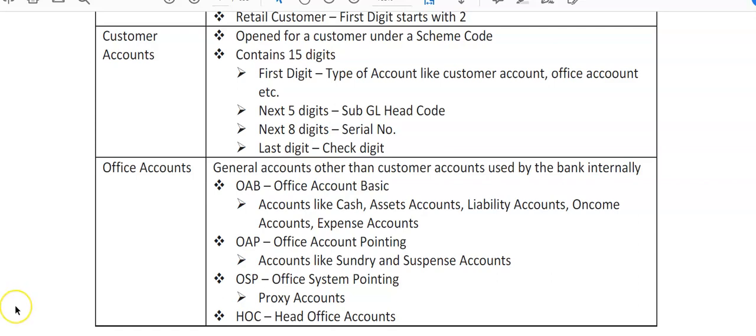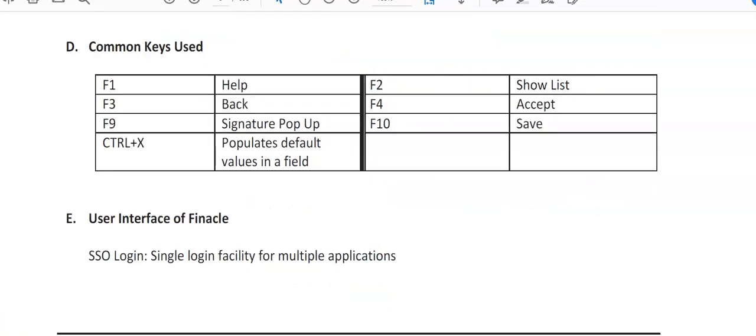So I have given you very briefly about customer accounts and office accounts. So friends, again there are certain common keys used in the Finacle system. F1 is for help, F2 for showing list, drop down, when you want to see the list. When I'll be showing the actual screenshots, you can have this idea. Now we have this drop down, so you mouse click on it and you can work on it.